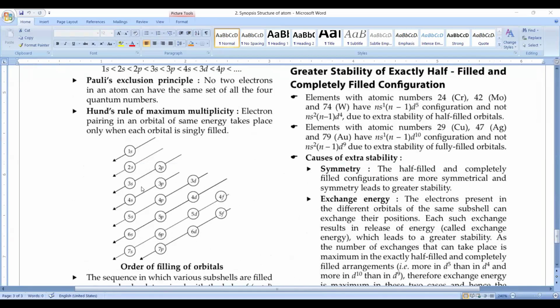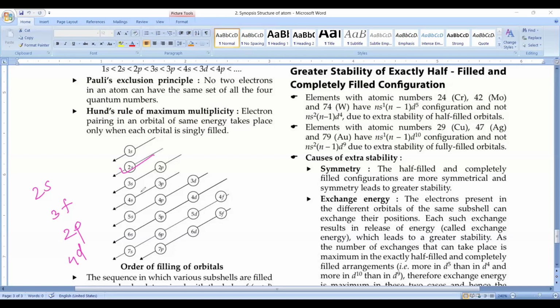So there were four options: 2s, then 3f, 2p, and 4d. You can see here the filling of electrons. 2s is possible, then 3f, can you see 3f?